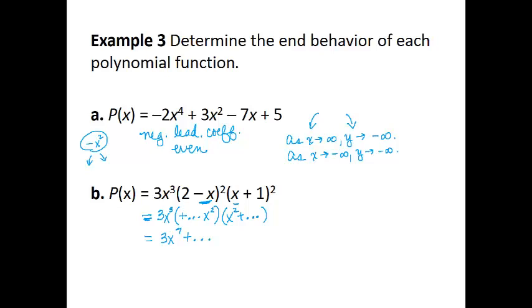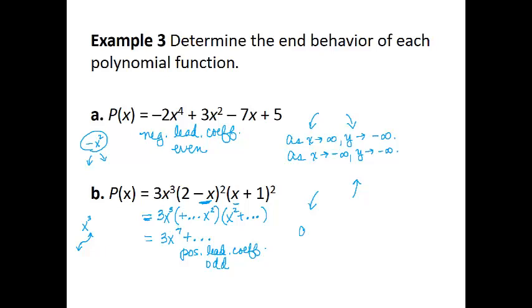So this has a positive leading coefficient and an odd degree. So again, think about y is equal to x or x cubed to know that it's got to go down to the left and up to the right.